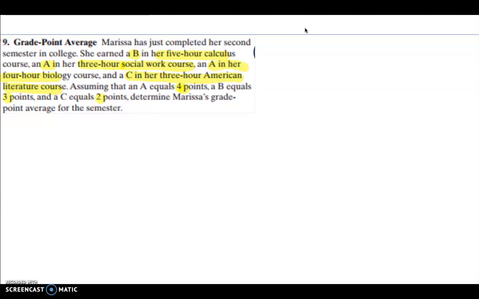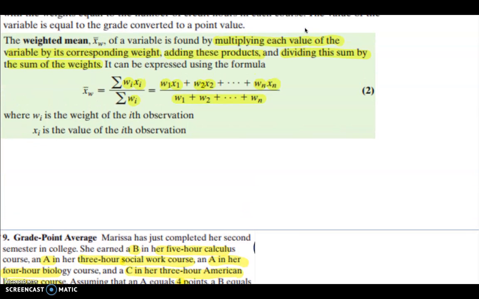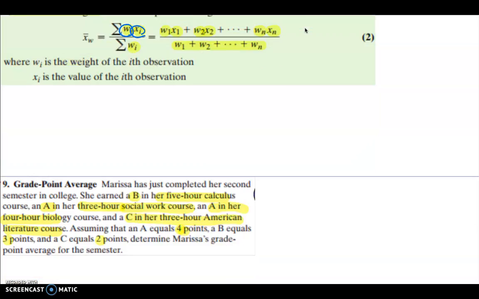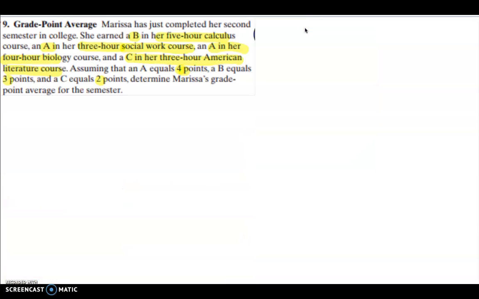So what we're going to do is take the weight and multiply it by that actual value. The first one we have is a B, so that has a weight of 3 at 5 credits.